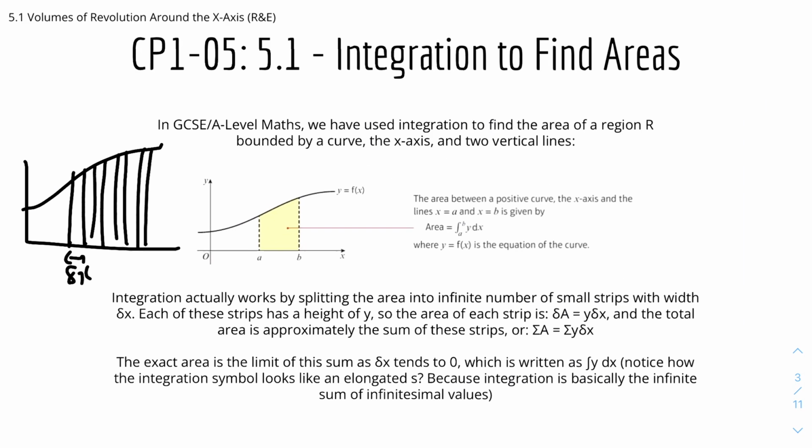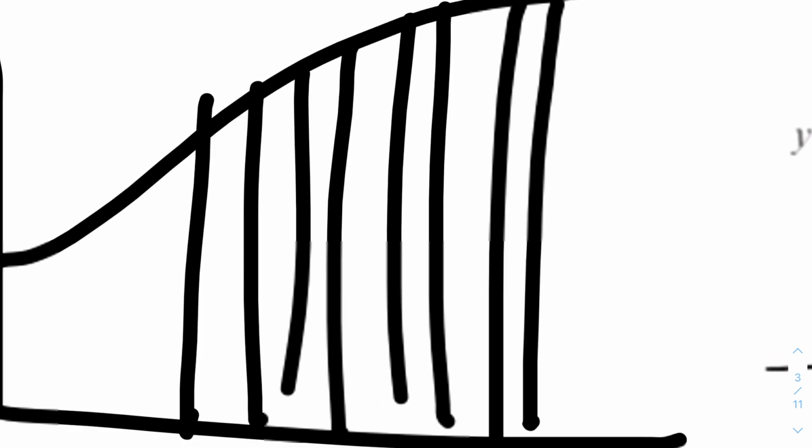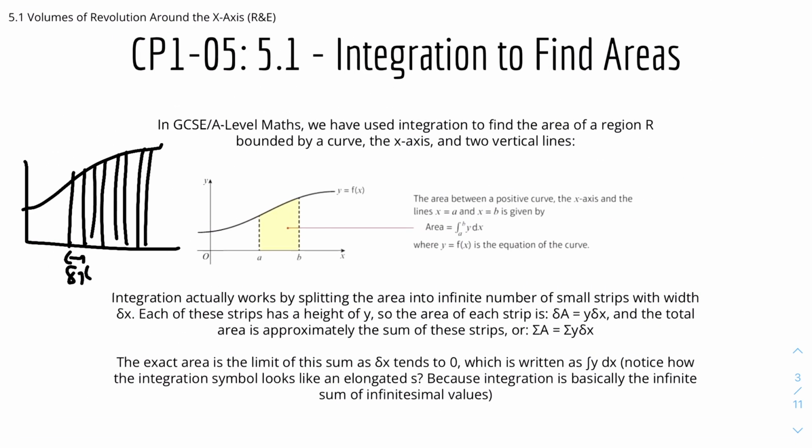The exact area under the curve is found when delta x tends to 0, which means the strip gets so small that it becomes an area, which is written as the integral of y.